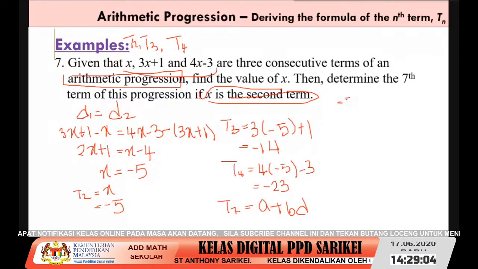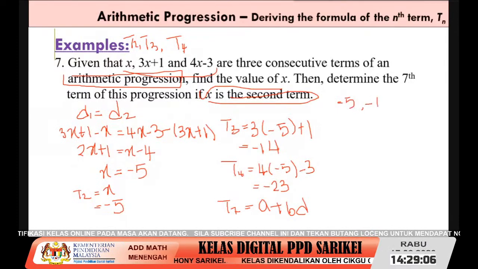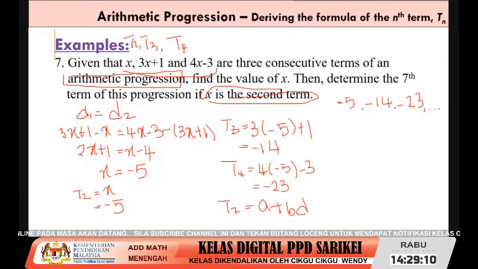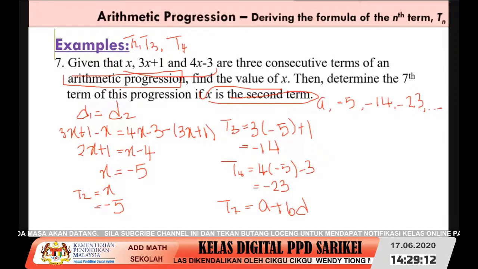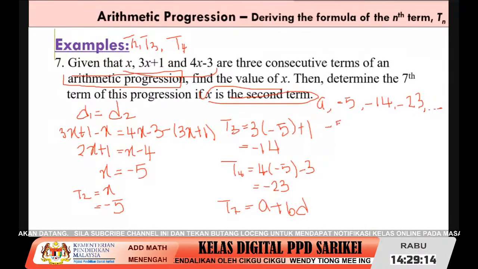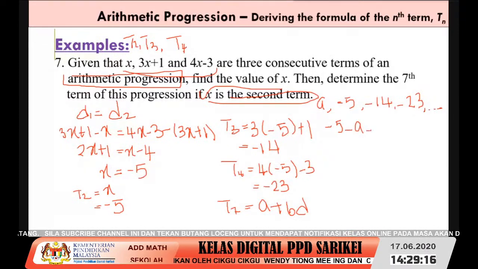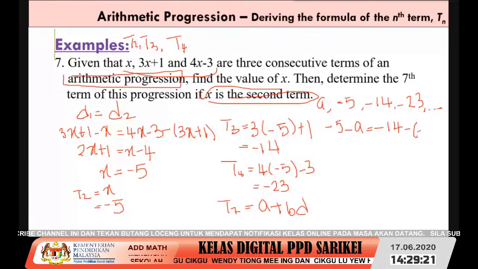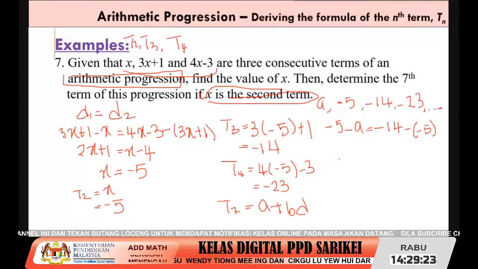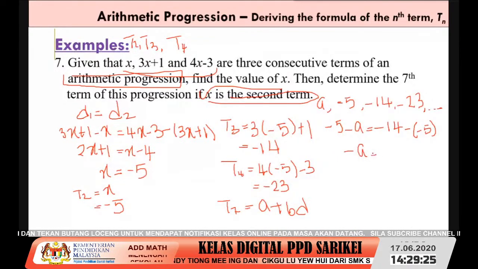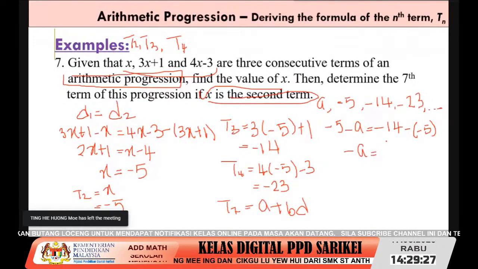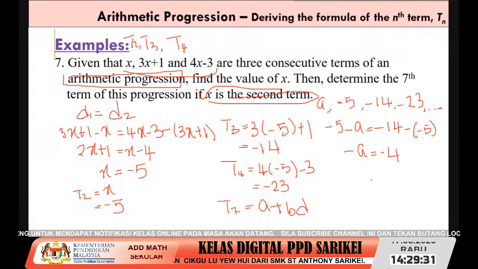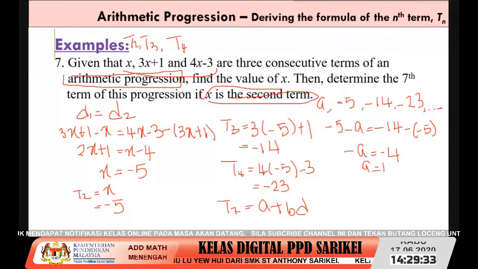You see here, I have negative 5, negative 14, and negative 23. How do I find my A? Negative 5 minus A equal to negative 14 minus negative 5. So my negative A equal to negative 4. So my A equal to 4.